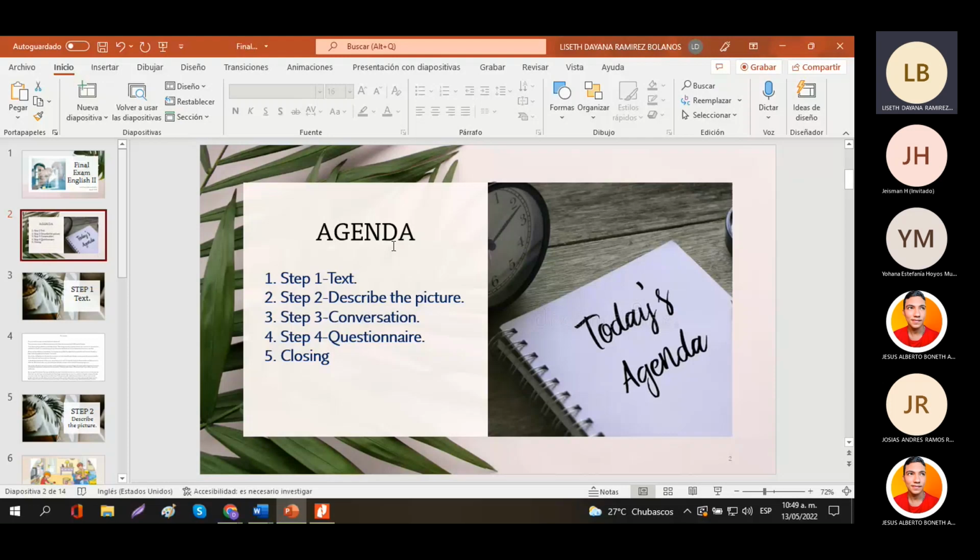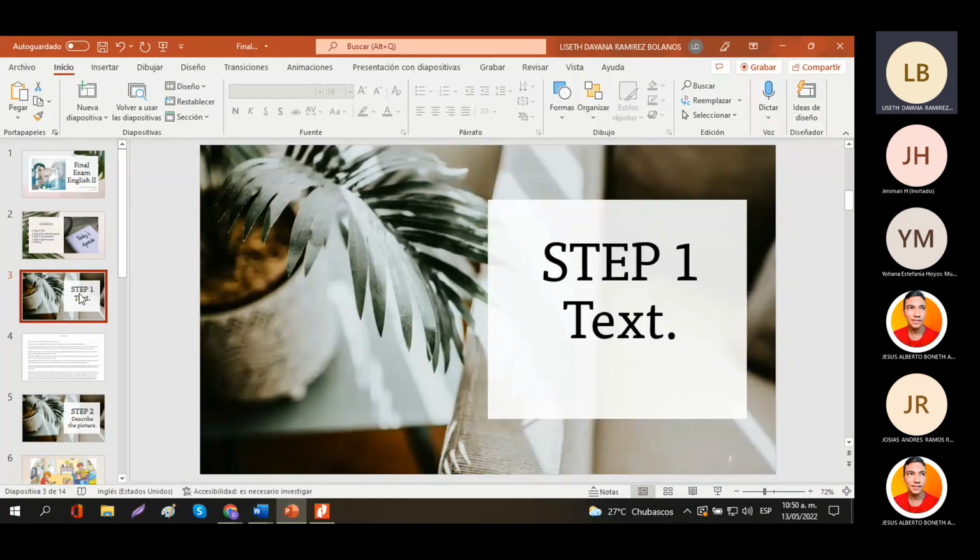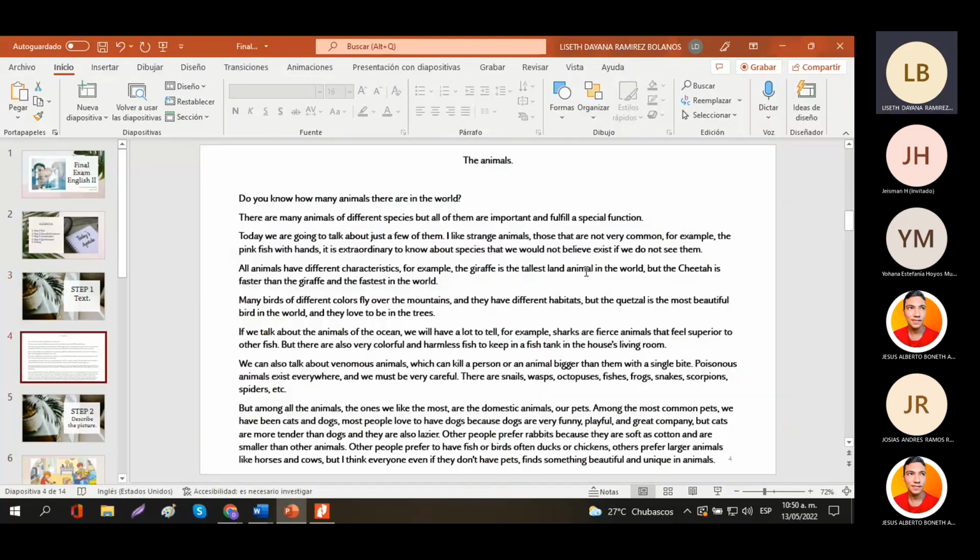Step 2 is describe the picture. Step 3, conversation. And step 4, questionnaire. And finally, closing. Okay, let's continue with step 1. This is the text.